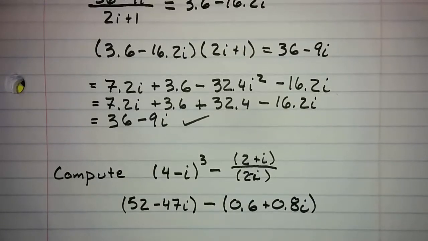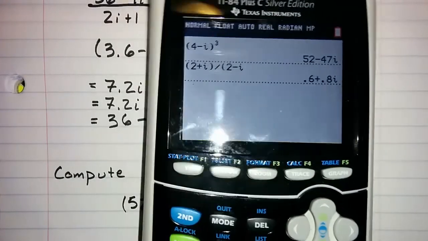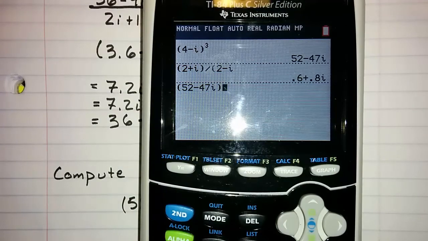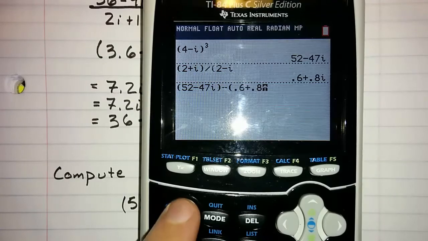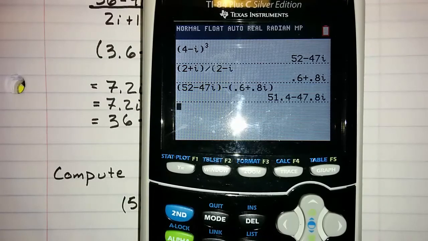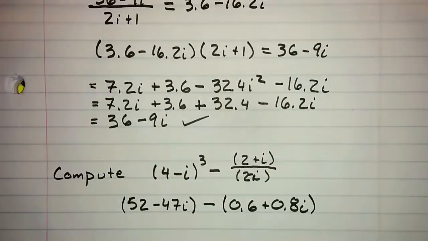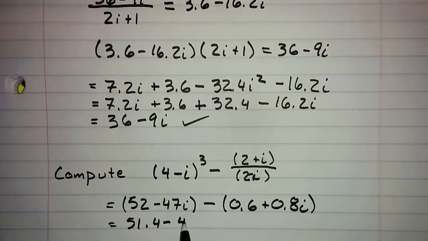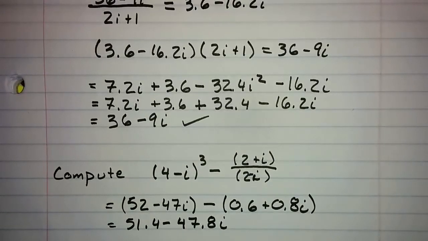Now this last bit of subtraction I could probably do by hand, but if I don't want to, I can enter it as 52 minus 47i minus (0.6 plus 0.8i), and I get 51.4 minus 47.8i. And that's all there is to it.